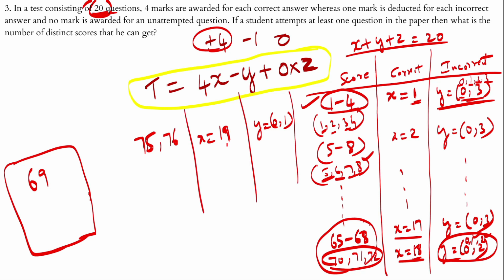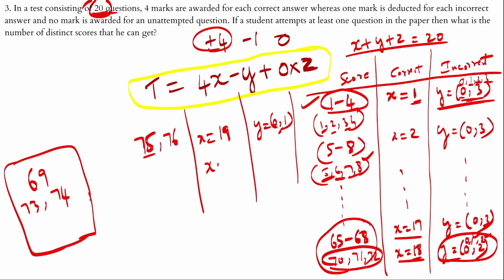That means if 19 questions are correct with 0 incorrect questions, then the score will be 76, and if 19 are correct and 1 is incorrect, then the score will be 75. So from this we can say that 70 is there, 71, 72 are there. Where is 73? 73 is missing. 74 is missing. Right? These three values are missing.